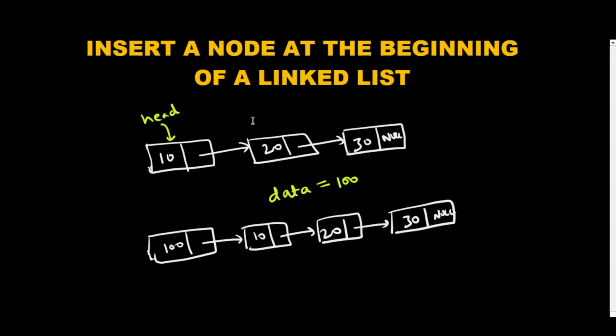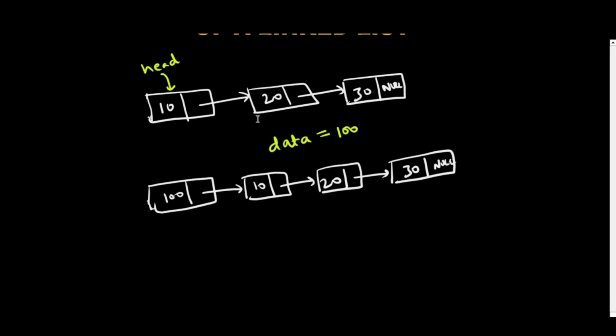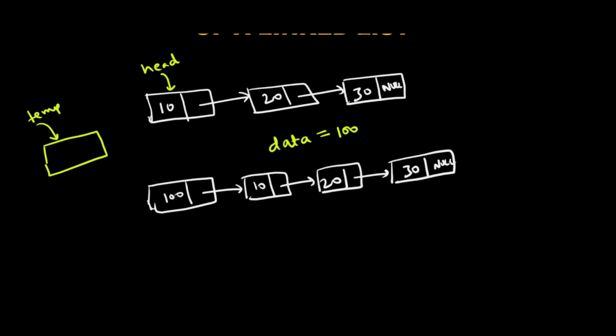What else we can do is create a node and then link this node to the original head given to us. So let's first create a separate node. Let's call this temp. We will create a node with name temp.